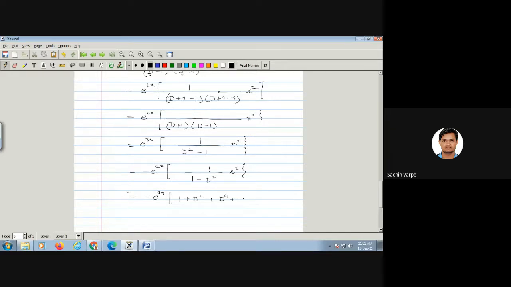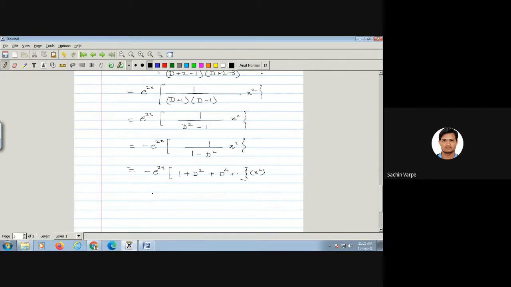Further all terms will be neglected. So that is equal to, when we multiply by x square inside, e to the power 2x into x square plus d square of x square. What is d square of x square? It is 2, no? And that is your final answer.